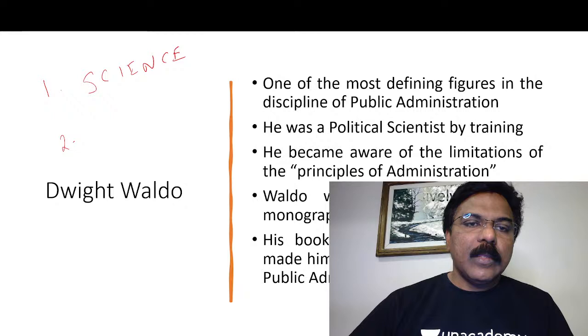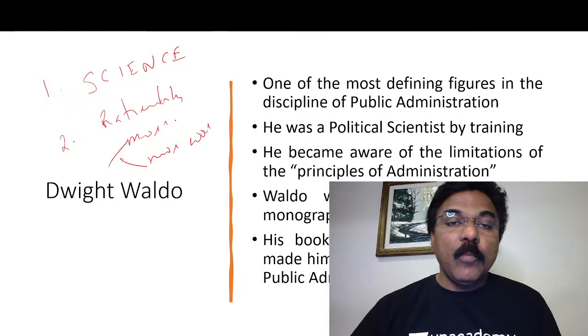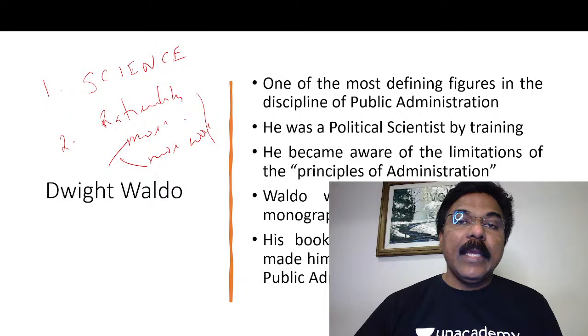That is, what is the rationality adopted? More money is more work. So human beings can be told that if you give more, I'll give you more money, you give me more work. They don't even look at the human emotions. And the third thing is value neutrality.